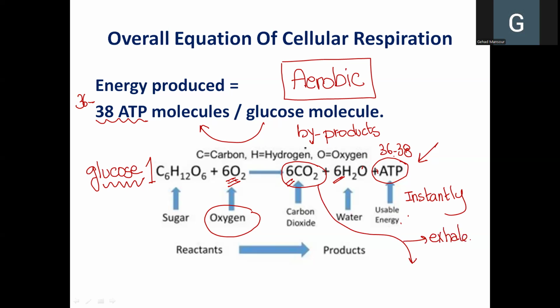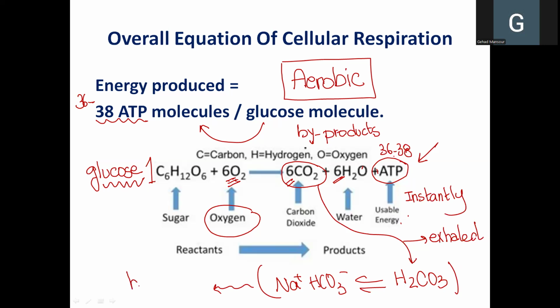The surplus is exhaled, but a good deal of it is converted to carbonic acid, and carbonic acid can give rise to bicarbonate, or in particular sodium bicarbonate, and both are utilized in the cell mainly for stabilization of pH, for homeostasis, or for what we call buffering.